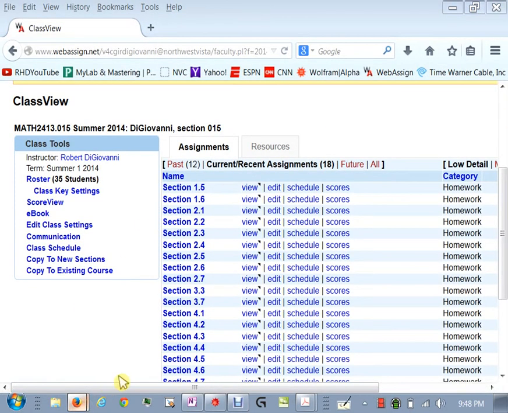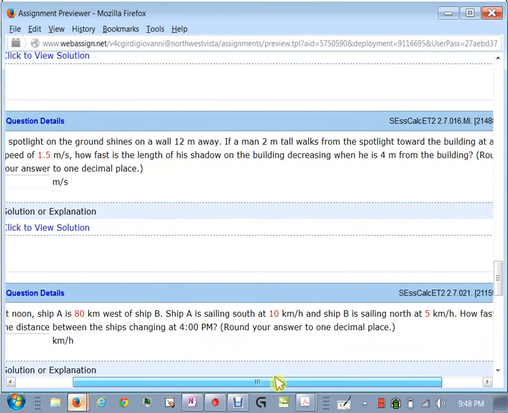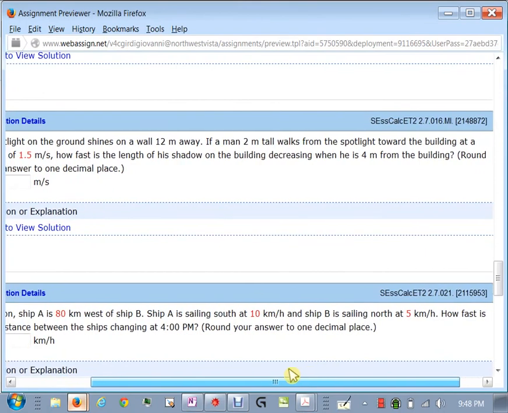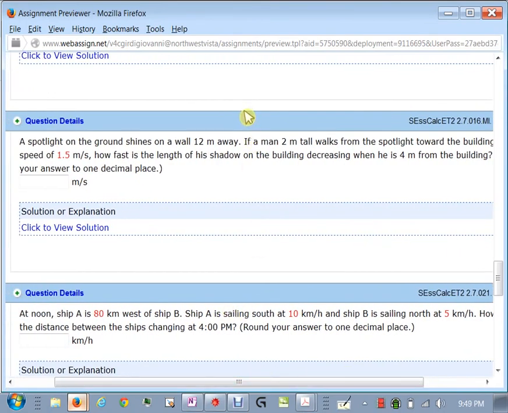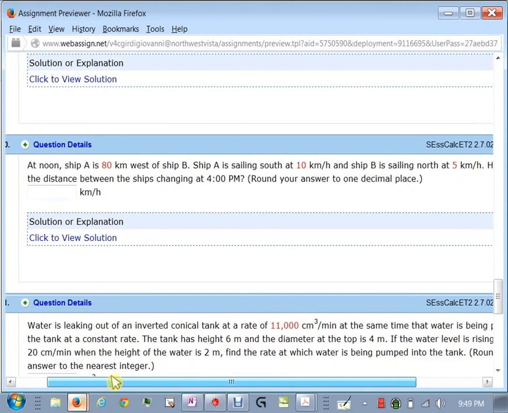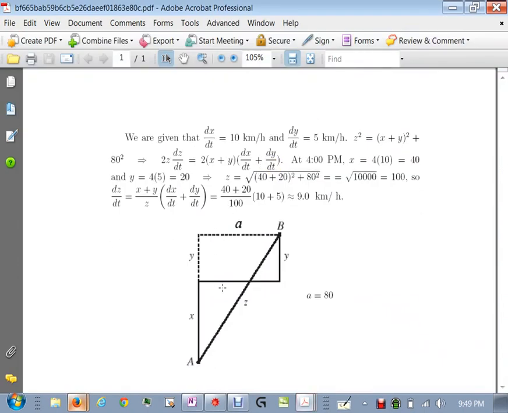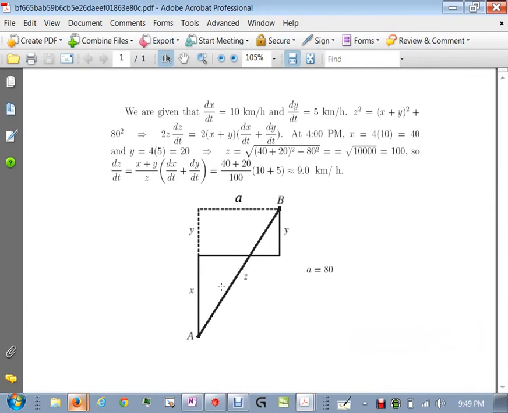All right, and the problem there for that one was this. And then number 10 was a ship problem. So let me, again, bring that up. That's an interesting problem there. Another set of relationships with triangles.